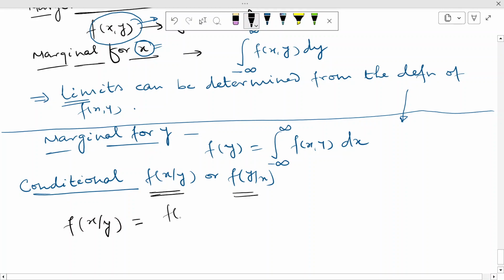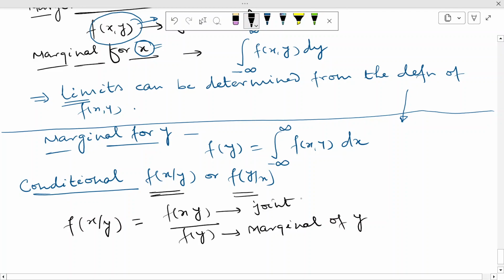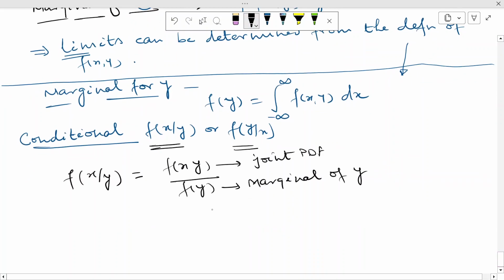We can simply obtain this from fxy divided by fy. Here this fy is the marginal of y, while this is our joint PDF. So we have to divide our joint PDF by the marginal of y, and we will obtain this conditional density function.